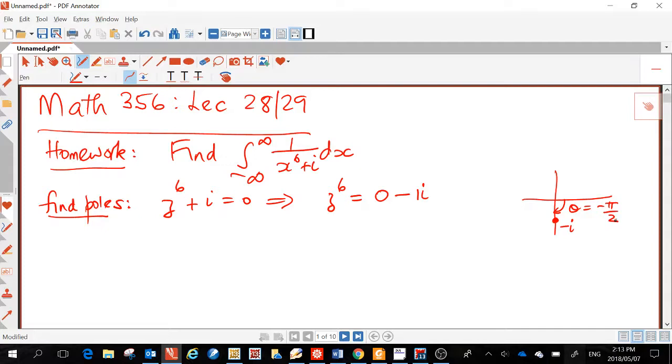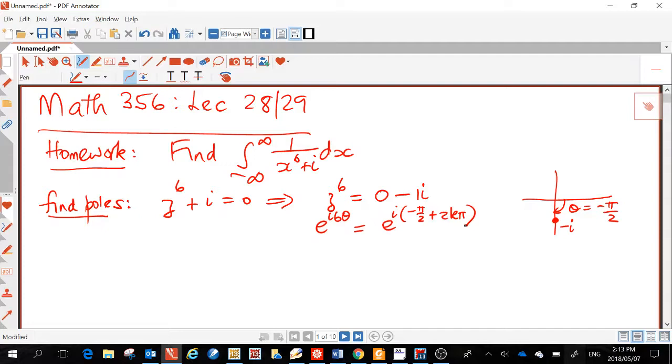I'm using the negative version. You could call it 3 pi over 2 if you want in the positive direction, but I can use the negative one as well. And we know that z is e to the i theta, to the power 6. So it's e to the i 6 theta equals e to the i times the angle minus pi over 2, but this happens every 2k pi.